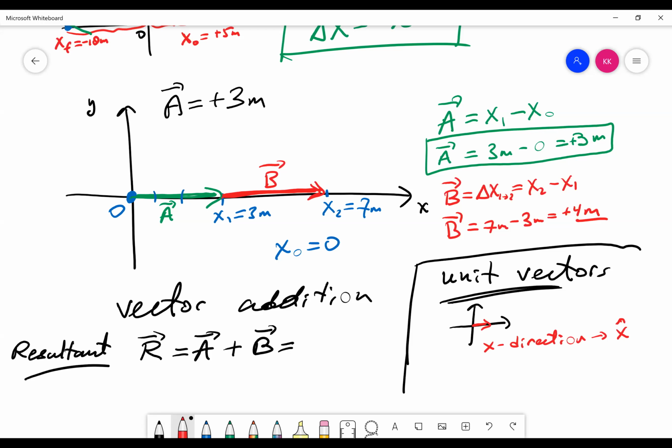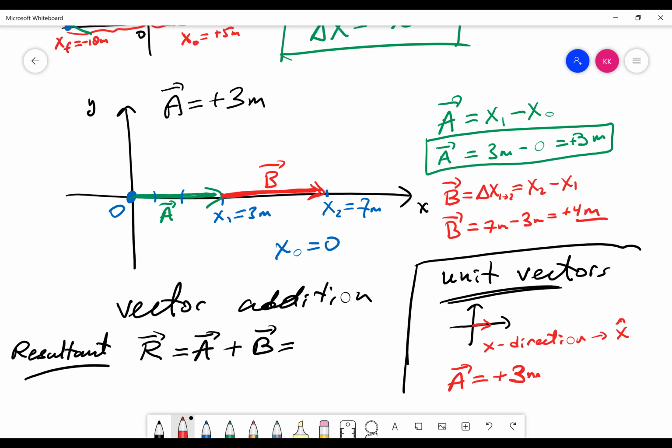Okay, x hat. Which means if I have some vector, for example, vector A, and I have its magnitude and direction, but see, it's 3 meters plus. That means it's in a positive direction. But is vector A vertical or horizontal? We don't know that if I look at just the information given.